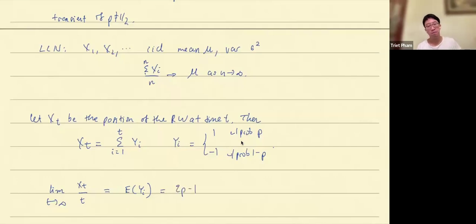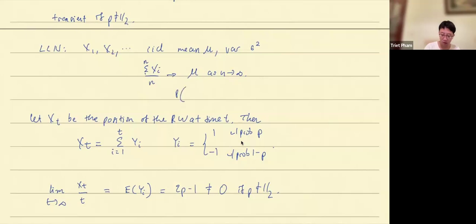All right. And what's the kicker? The kicker is that if p is not equal to 1/2, this is not 0. And that's all we need. Notice that whenever you write down a statement in probabilities, you have to qualify it as a probabilistic statement.